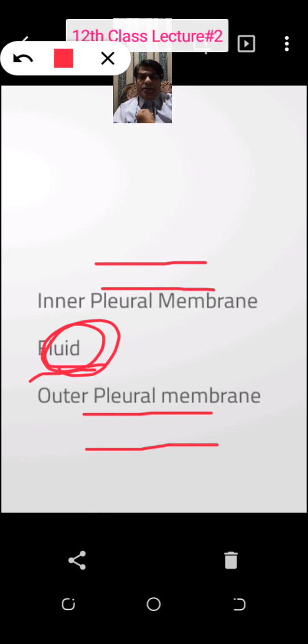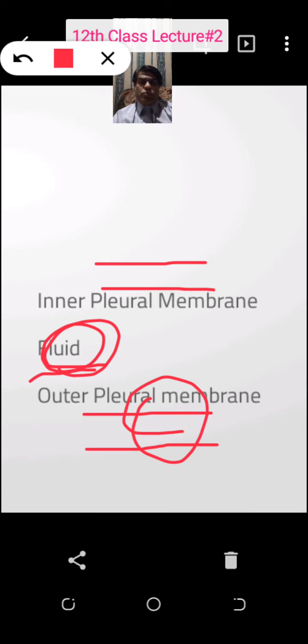The force of my hand goes to my chest cavity, then to the outer pleural membrane, and then this pressure goes to the fluid.